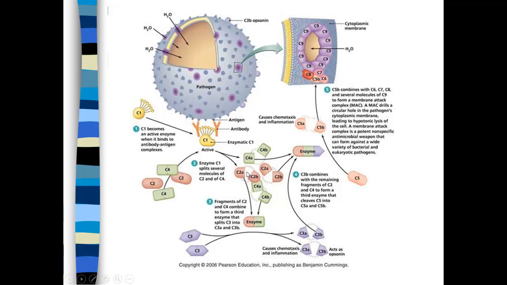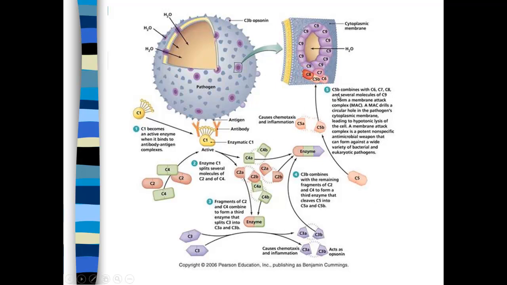They can also be recruited by C3. C3 is broken down by an enzyme that splits these components. Then C3b combines with fragments of C2 and C4. This activates C5, and that recruits the rest of the complex.